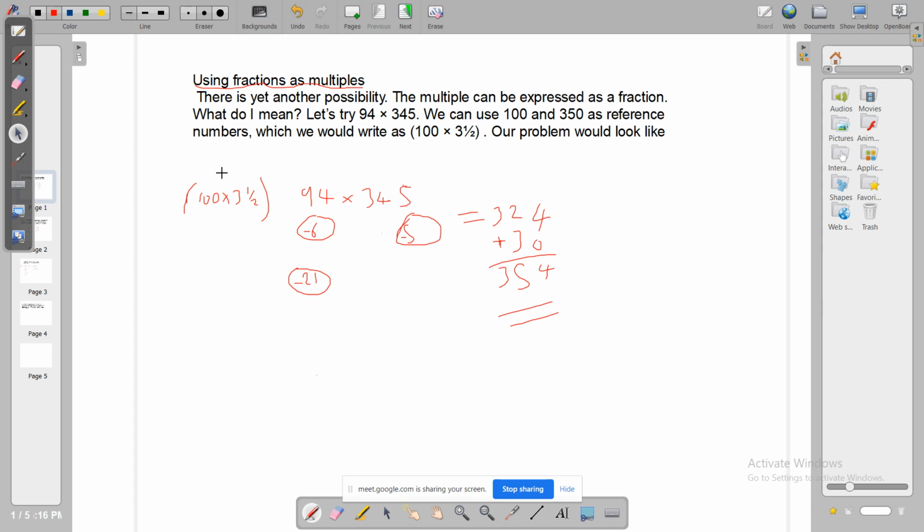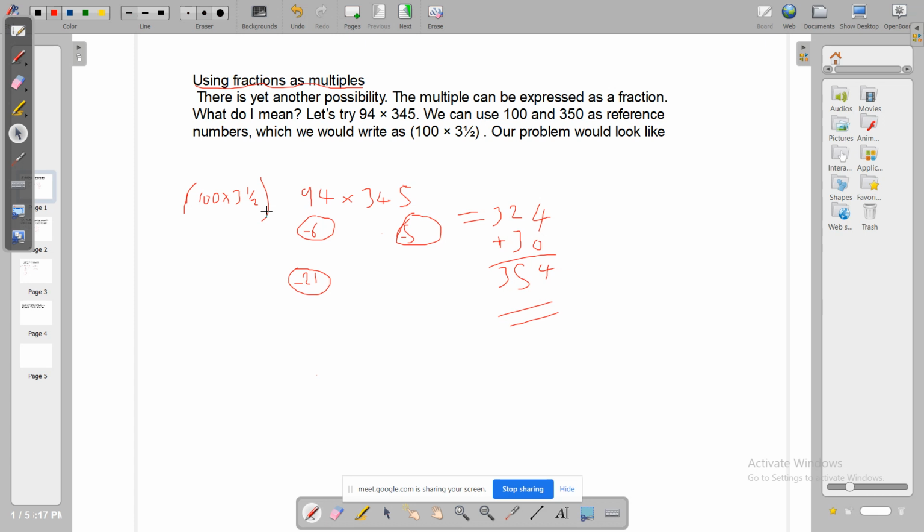Then here is 350, because 3 times 100 is 300 and half of 100 is 50. So 5 minus from 350 gives us 345. So here is minus 5.